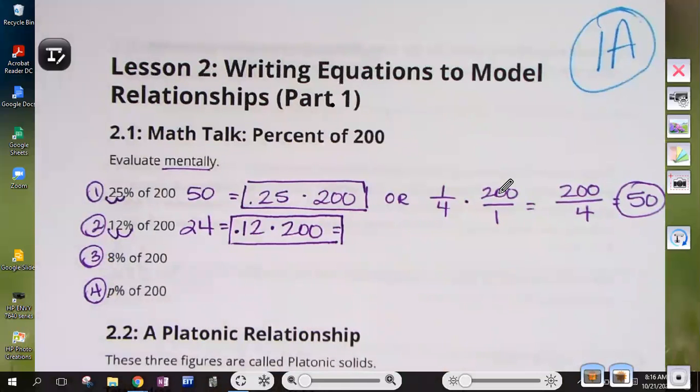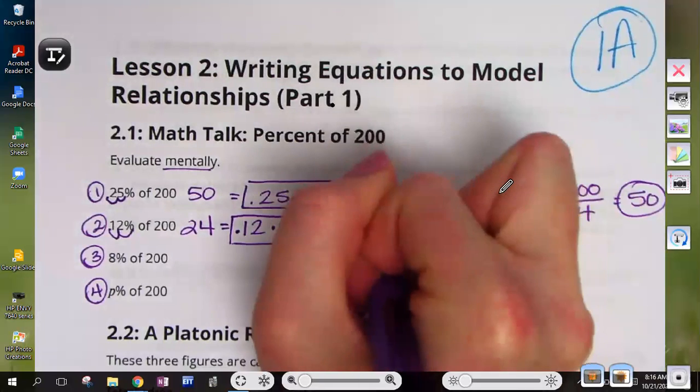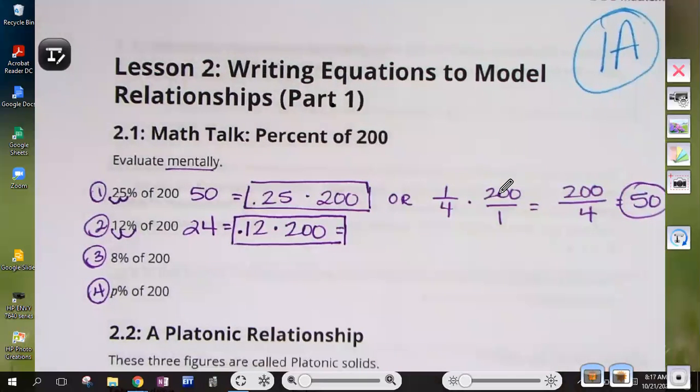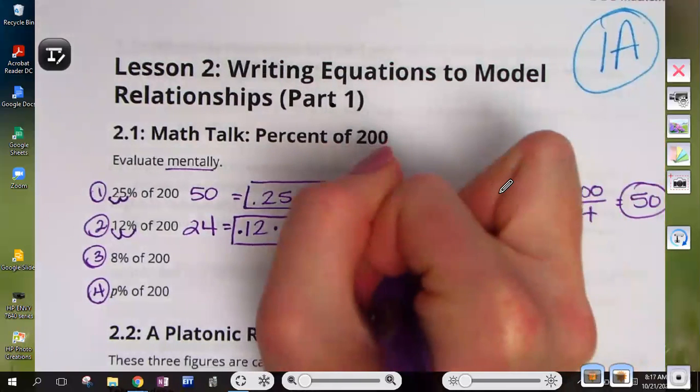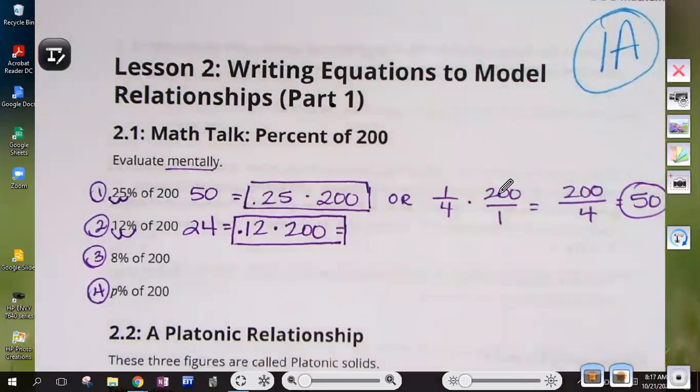Did anyone else do it different? I guess I kind of did it complicated. So I put 10% of 200, which is 20, and then 2% is a fifth of 10%. So 1/5 of 20 is 4. And add 20 and 4. Okay, so I get what you're saying. I'm trying to think how to write it.